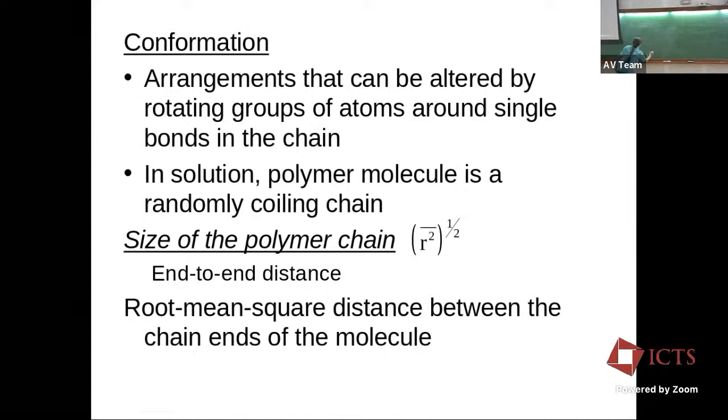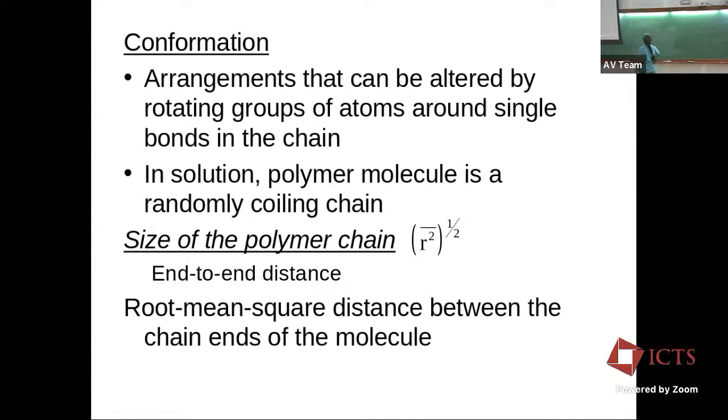Freely jointed means each link is capable of rotating 360 degrees. So if I want to calculate the end-to-end distance of this chain, this R, if I fully extend it, gives a length R equal to nL.